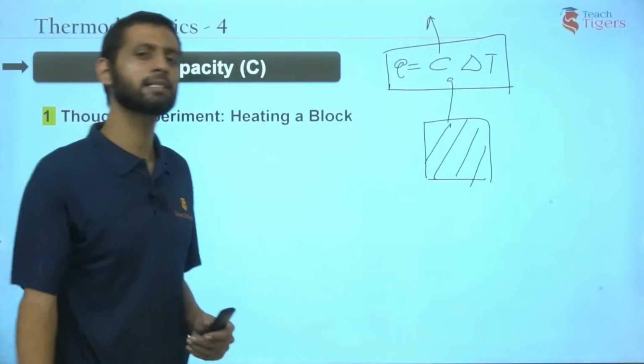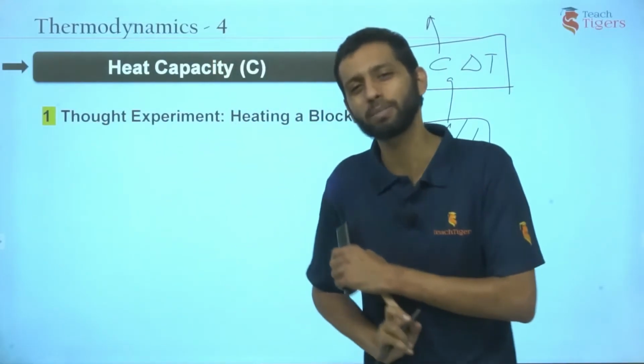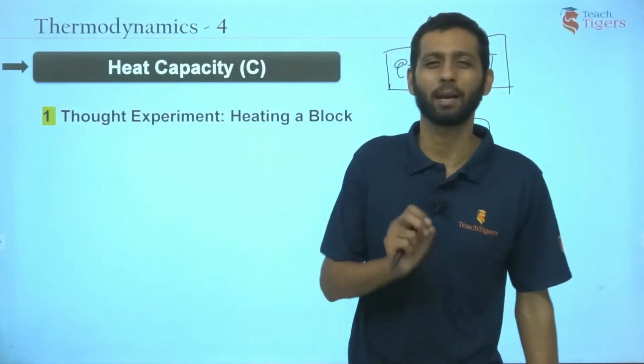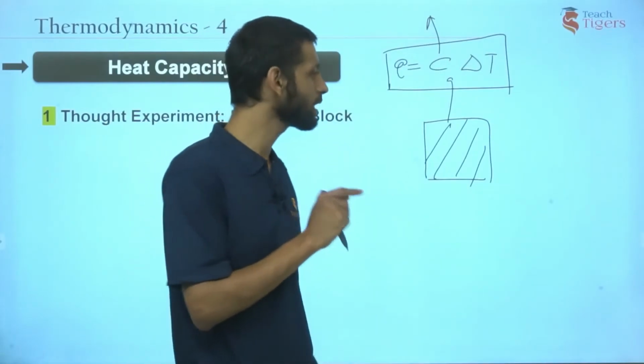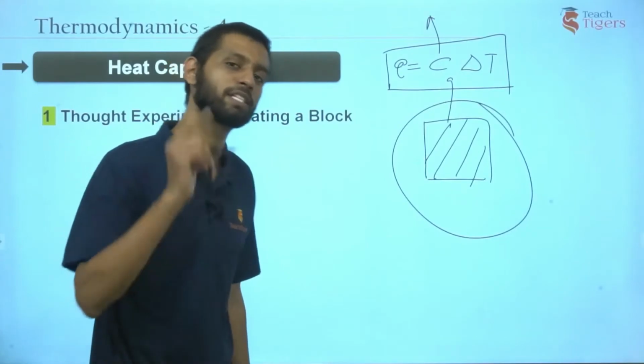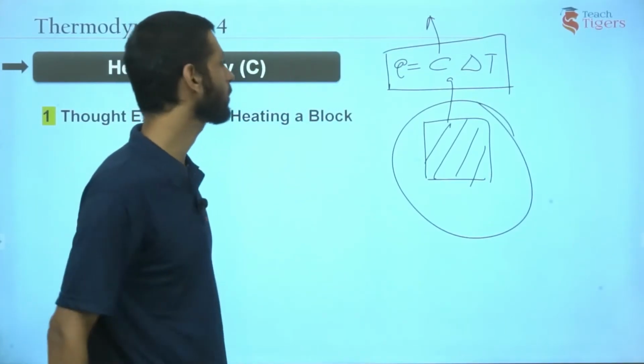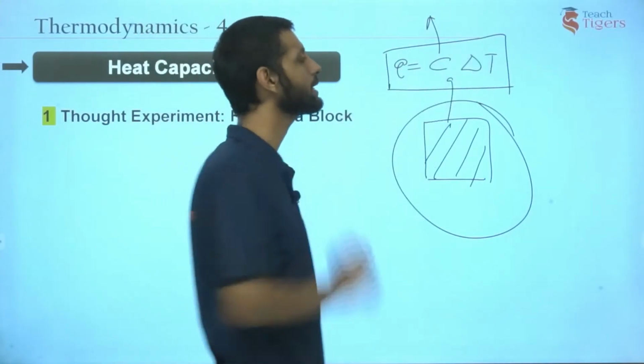Heat capacity in itself does not concern itself with the mass of the object or the number of particles. It concerns itself with the fact that there is an object present. If I want to raise the temperature by 1 unit temperature, how much heat do I require? And the formula is Q equals C delta T.